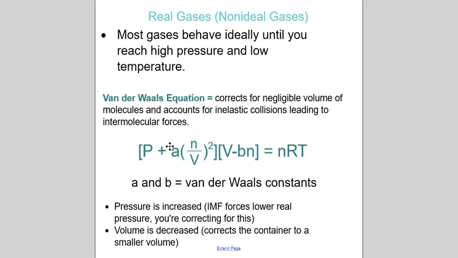This A is a constant, this B is a constant. N is still moles, and V is volume. So this pressure increase, this part right here, you're saying pressure plus all this van der Waals factoring is to deal with the fact that IMF forces are going on, and then the volume is decreasing by this Bn factor, which corrects the container to a smaller volume.